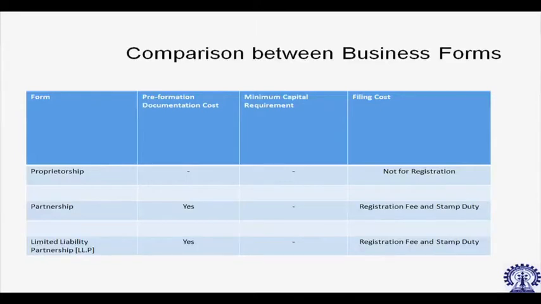And from left to right, I put another 3 columns: the first one relating to pre-formation documentation cost, then the second one is minimum capital requirement, and the third one is filing cost.